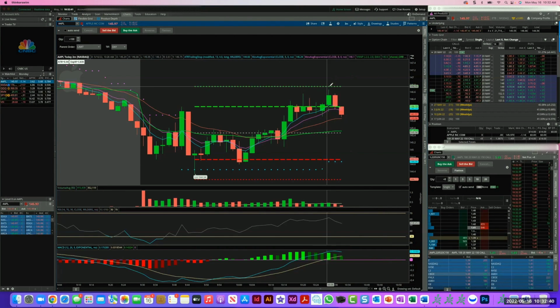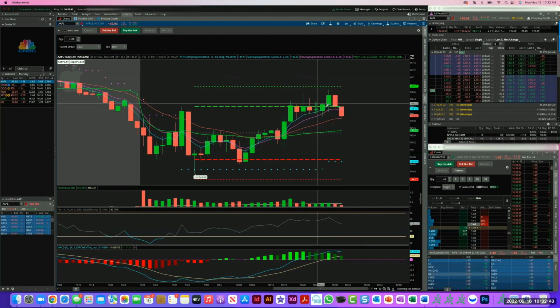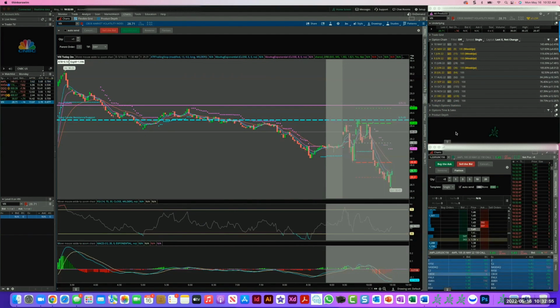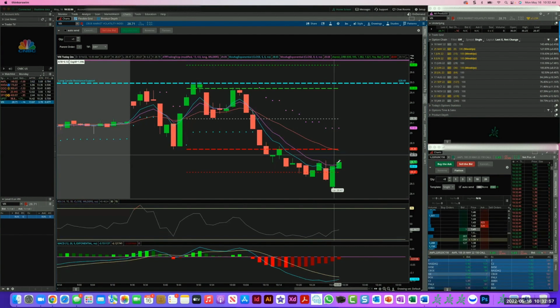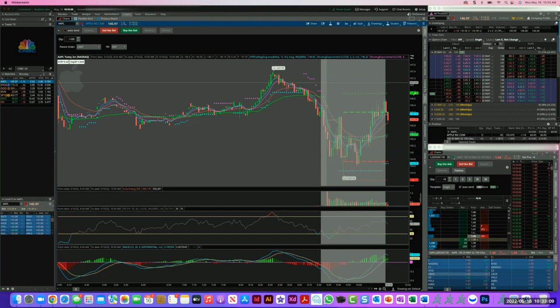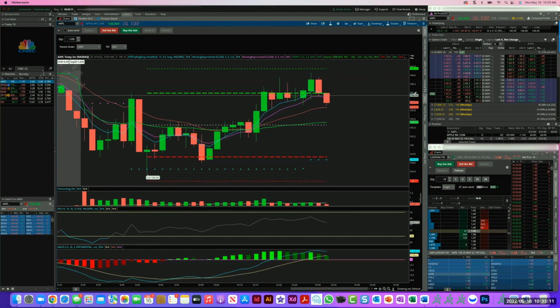We got close to this fib level and then it ran into some trouble. But we're expecting still Apple to continue back to the upside. So looking at the VIX, the VIX is going to run into some trouble here with this 20-day EMA and the opening range low. All right, and we're at 1033.